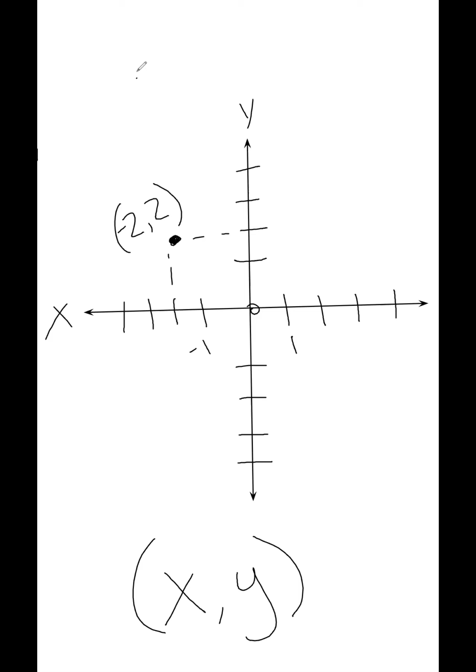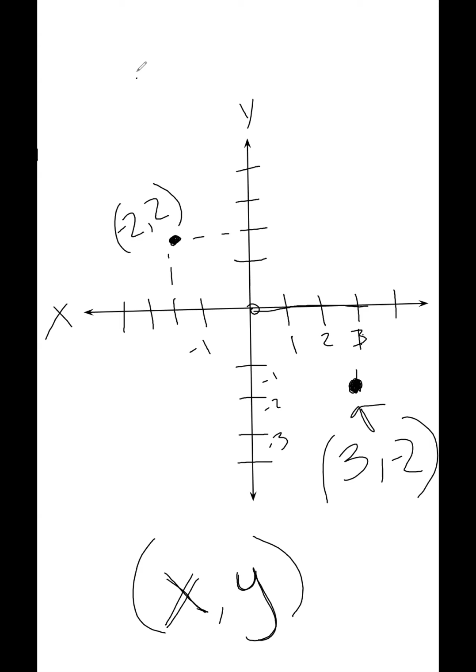Let's say they put a point over here. Remember down here, these are negatives as well. So remember, you've got to do X and then Y. So start here, I go over 1, 2, 3. So this point is 3, and then down 1, 2, -2.